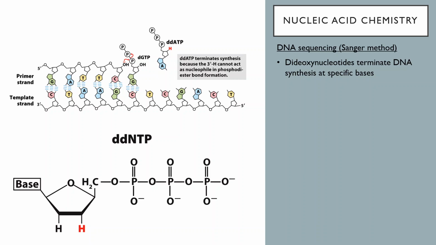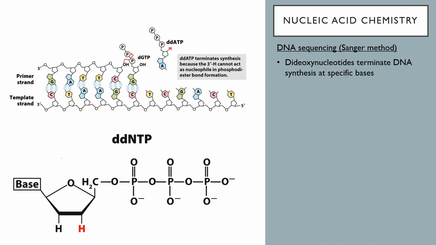There are lots of DNA sequencing methods that have been developed over the years. This is called the Sanger method. It's probably the most commonly used, or was for a long time, and probably best known. And it uses what are called dideoxynucleotides.